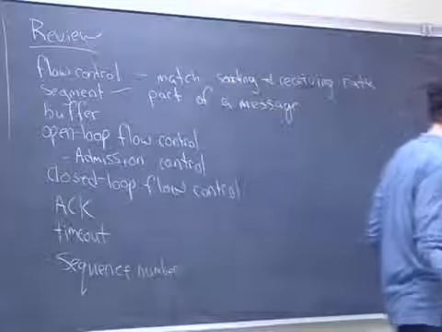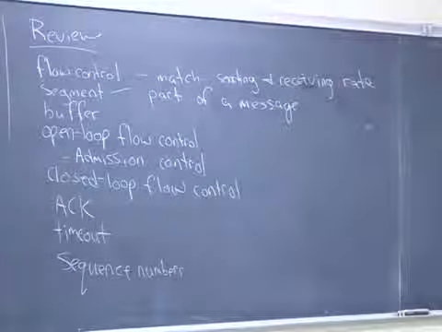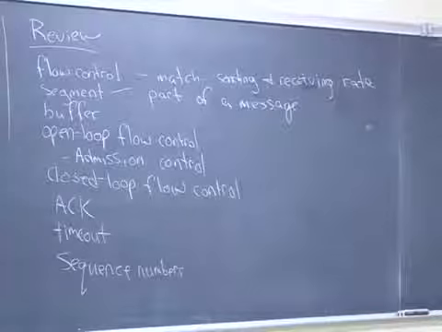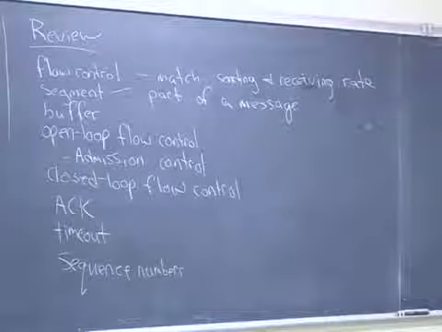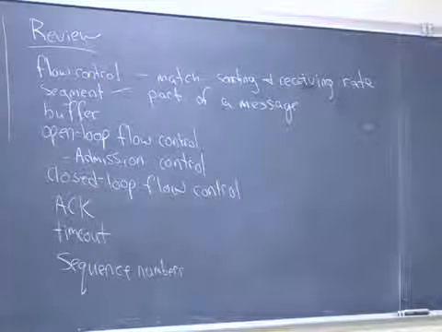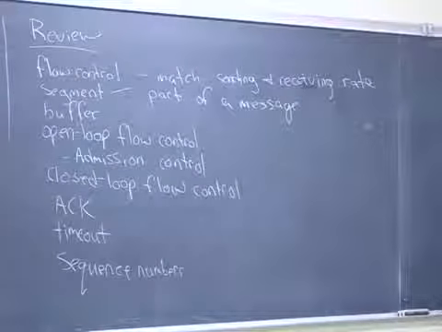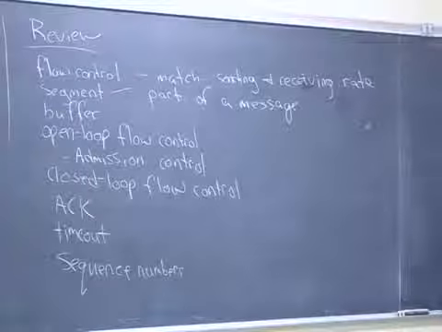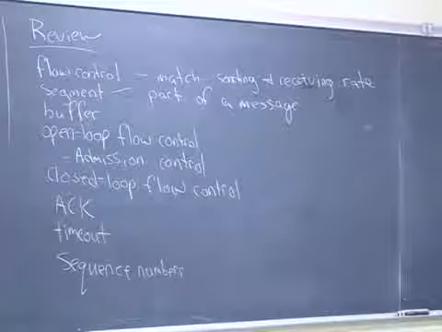Now, does anyone know why we need to break our messages up into these segments? It's one thing that might not be that clear so far. The message might be larger than our buffers, so we need to break it up into pieces that will fit in our buffer. That's one reason. The other reason is that we don't have a guaranteed connection between the endpoints.